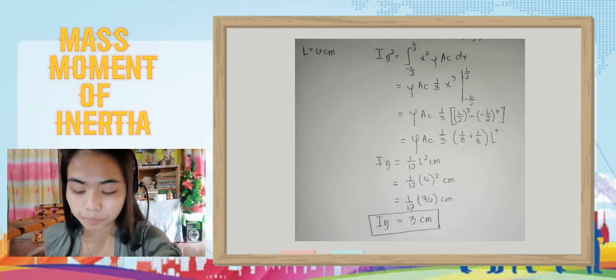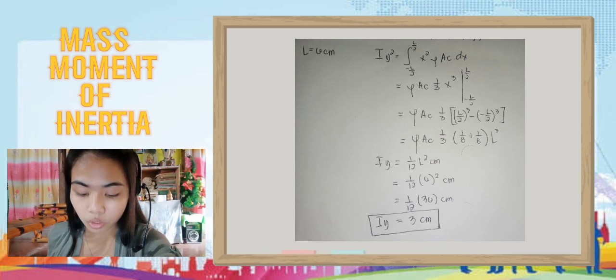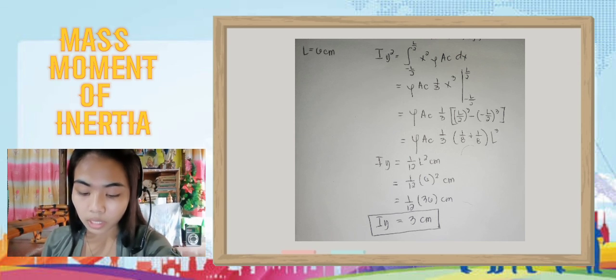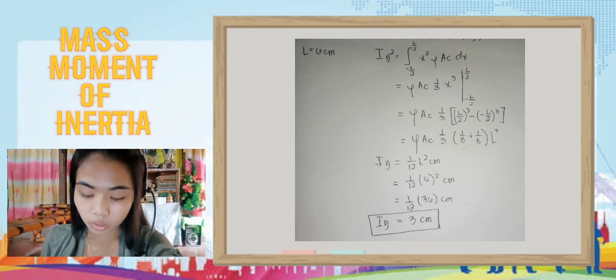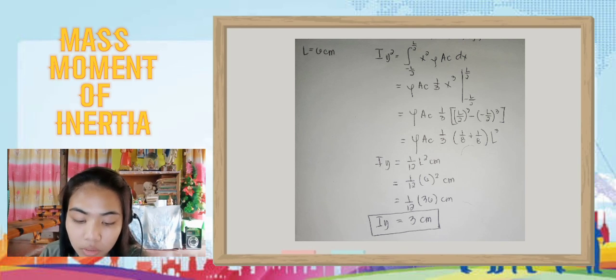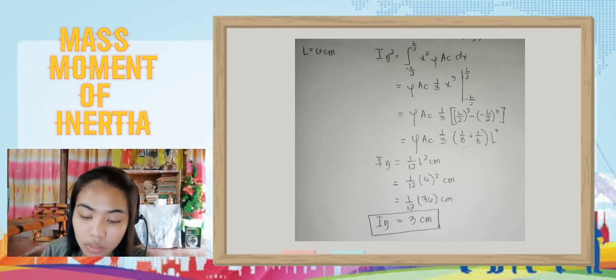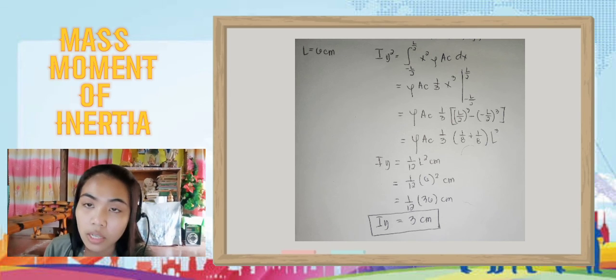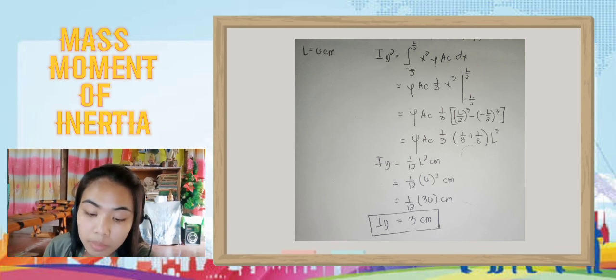So, AC, 1 over 3 times L over 2 cubed minus negative L over 2 cubed. Magiging 1/8 ang L over 2 cubed. Separate na lang natin yung L. So, 1 over 8 plus 1 over 8 kasi negative times negative is equal to positive, times L cubed.